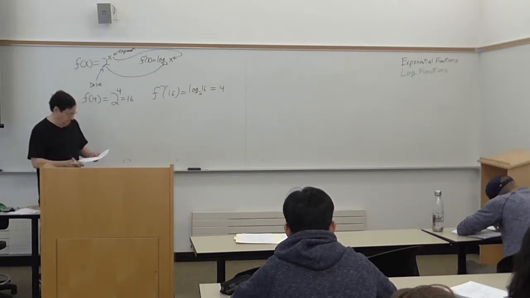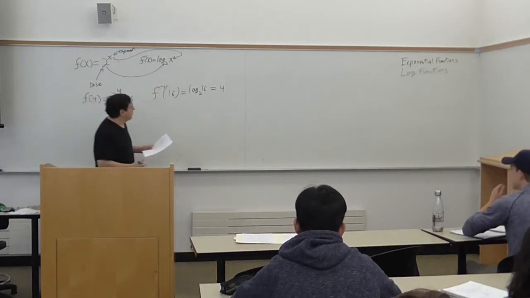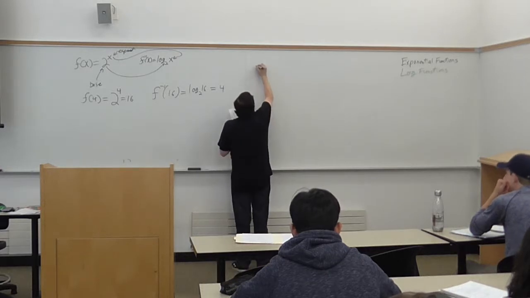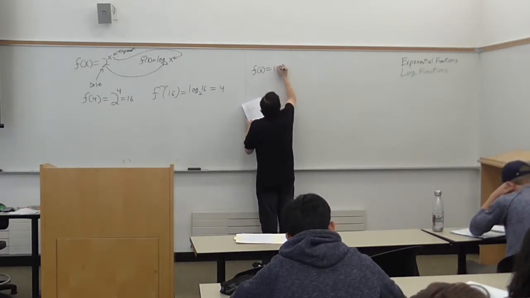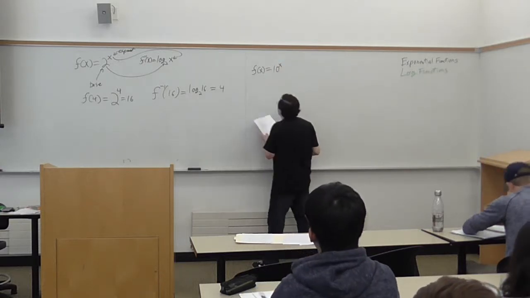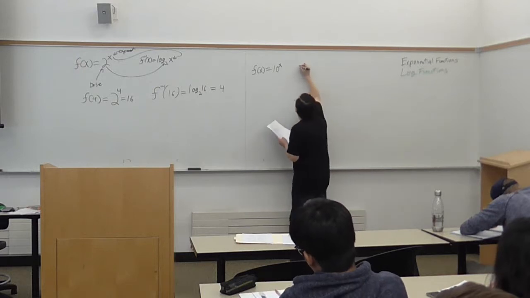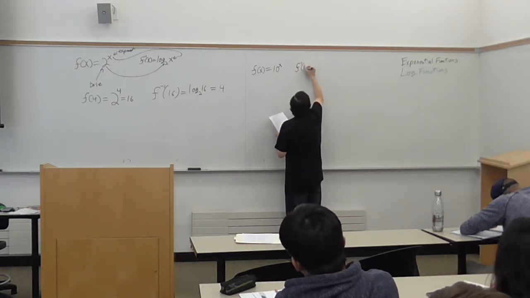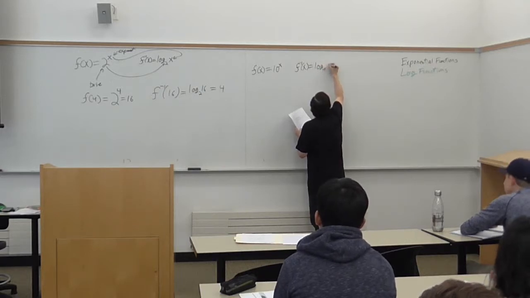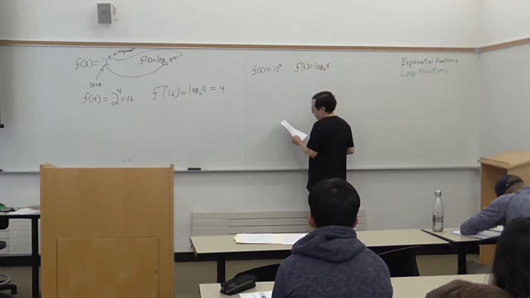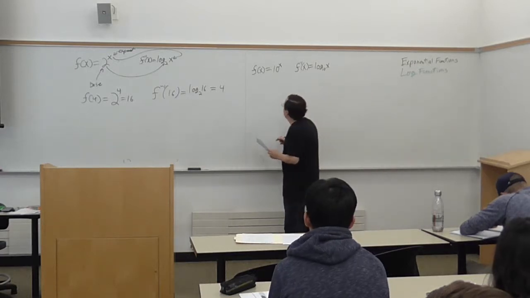Okay. Let's look at another example. Let's take a look at f of x equals 10 to the x. So the inverse function is the log to the base 10 of x. And again, we want to look at a real example here.